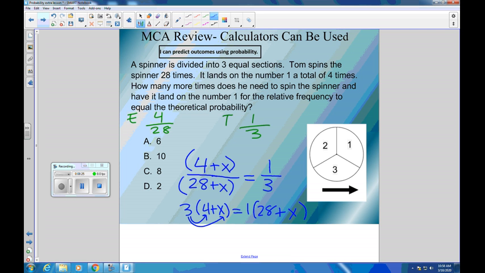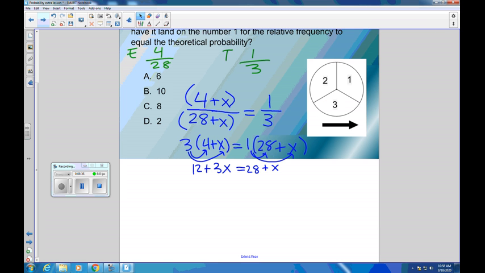3 times 4 is 12 plus 3x equals 28 plus x. I then need to solve for x. So first, I'm going to subtract 12 from both sides. I'm left with 3x equals 16 plus x.